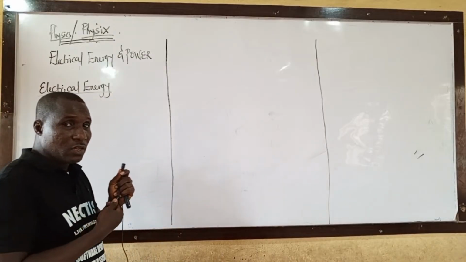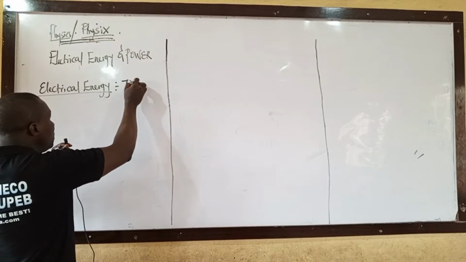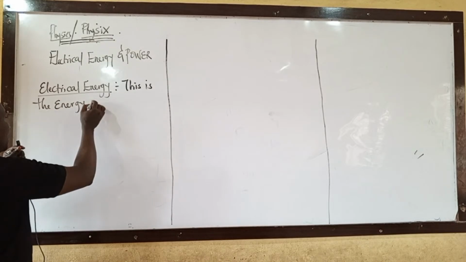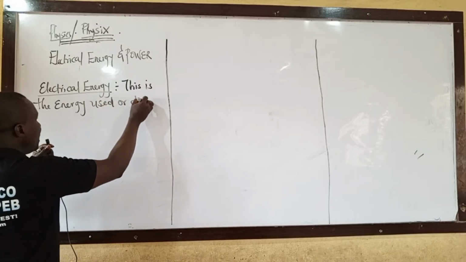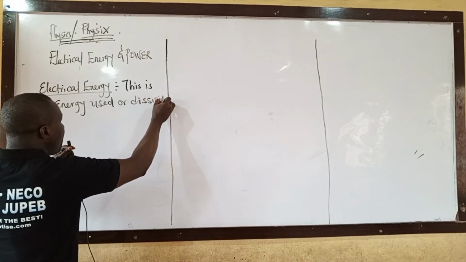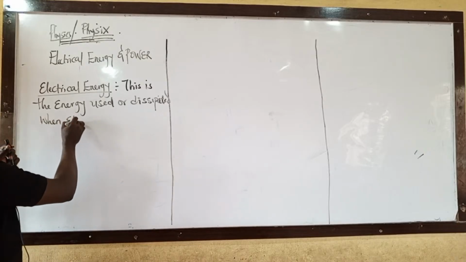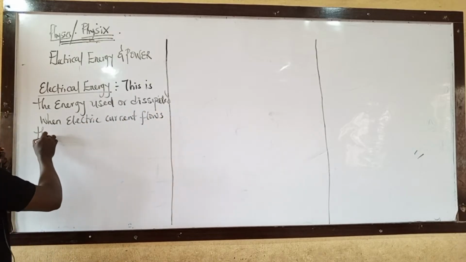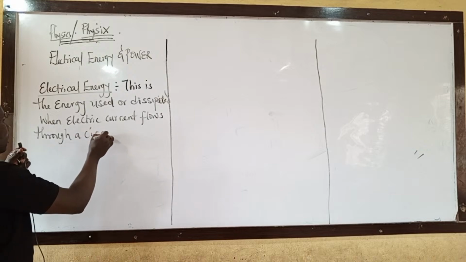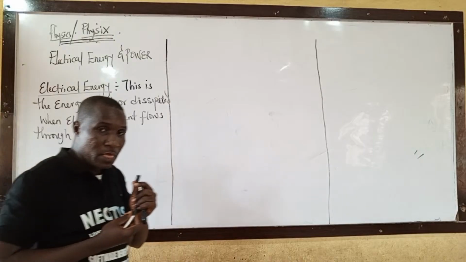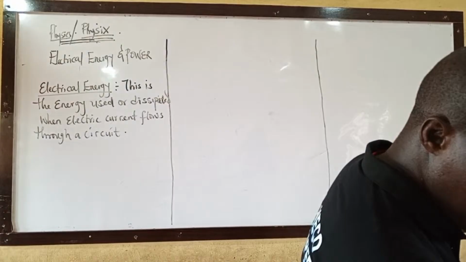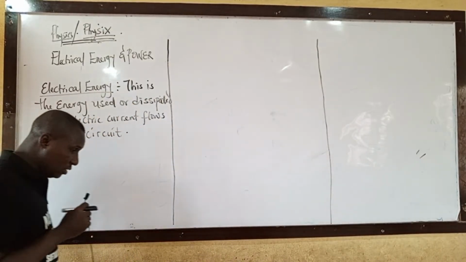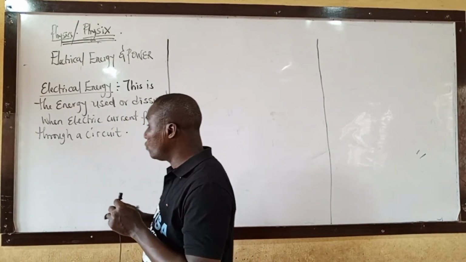The energy used or dissipated when electric current flows through a circuit. Take note of that.